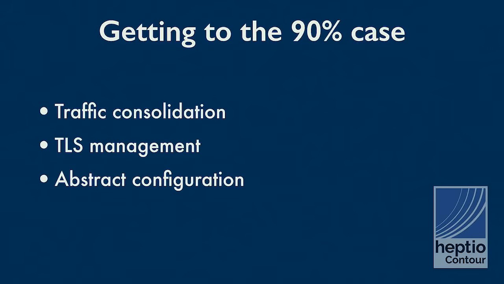The third property of an ingress controller is that we should be able to describe the structure of our web applications in an abstract way. We all know that you can't just take an Apache config and dump it on Nginx, and you can't do the same either way.